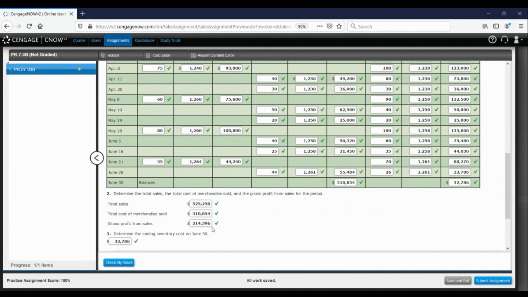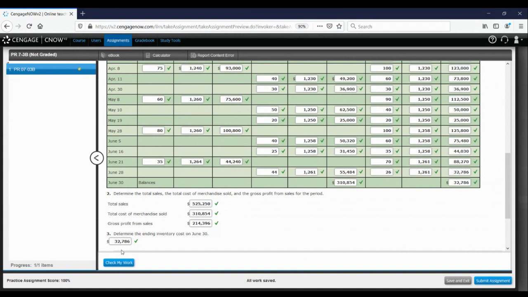The gross profit would also be in between the FIFO and LIFO method. The ending inventory will also be in between FIFO and LIFO methods because the weighted average would fall in between the FIFO and LIFO methods.